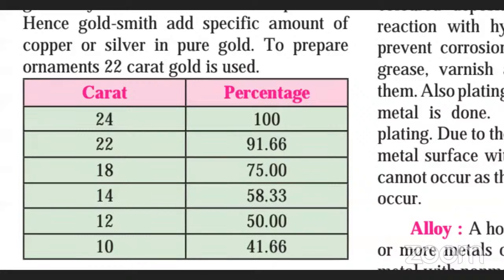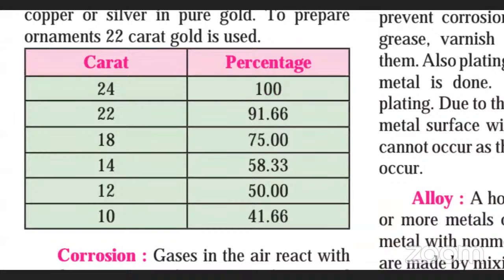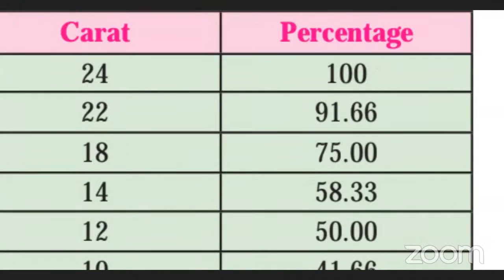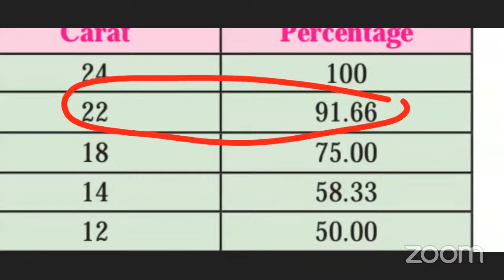Impurity in the sense other metals are added, like copper and silver. Then here is a complete list of what type of gold is available: 24, 22, 18, 14, 12, and 10, and the most commonly used is 22 karat gold, which contains 91.66% gold.